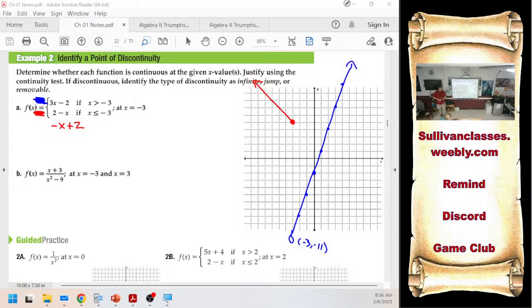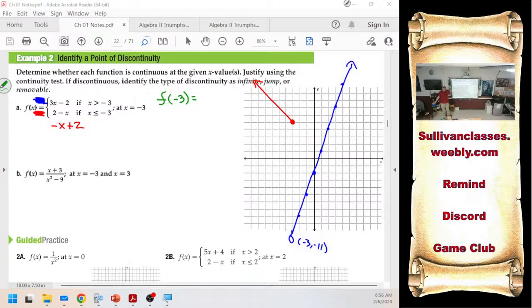So now answer their question. Is this continuous at x equals -3? Well, can I plug in a -3 and not break math? Yeah, plug in -3. What do you get? First of all, which rule does it go into?